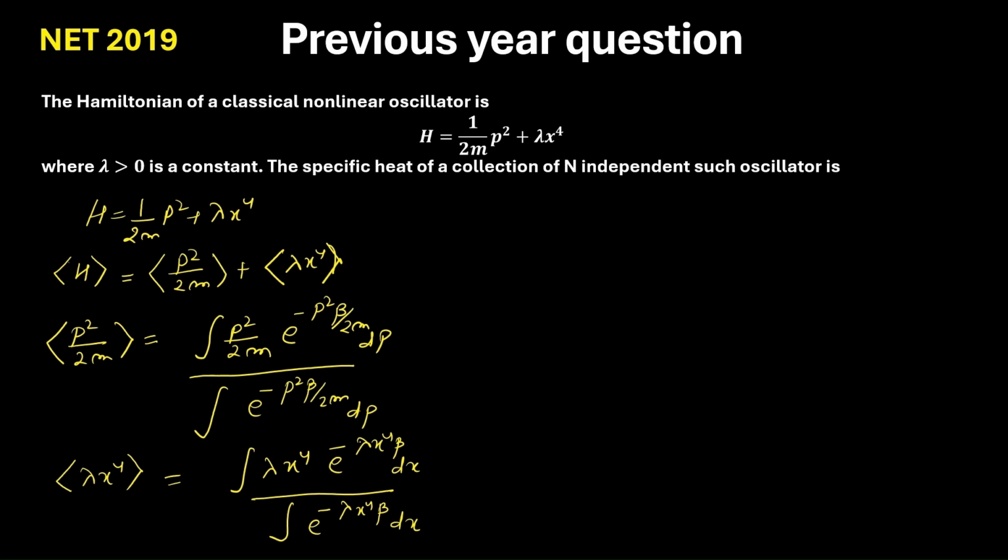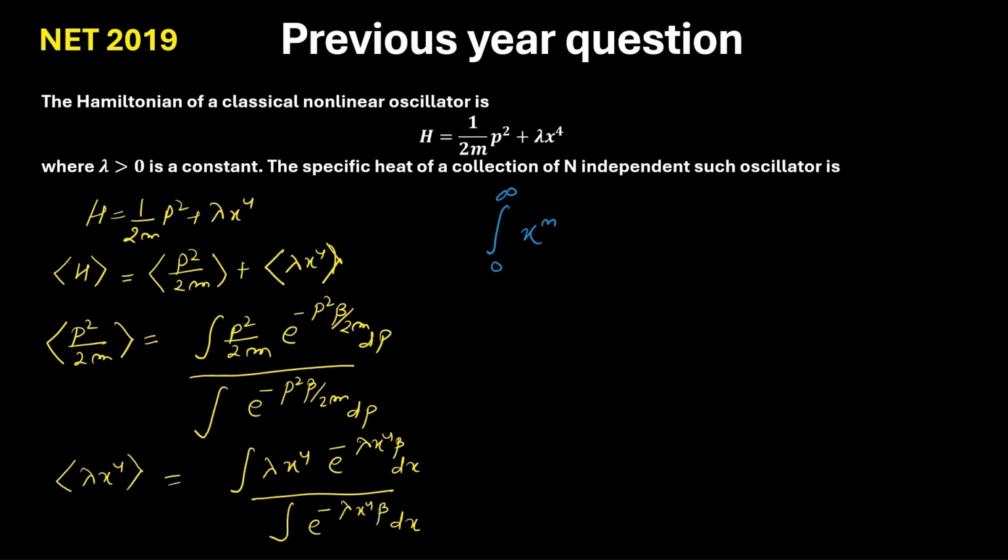So to evaluate this integration, we can use this formula, 0 to infinity x to the power n, because here you can see the exponential term, it is x to the power 4, but in the previous question we have integrated for x square, so we need a more general formula.